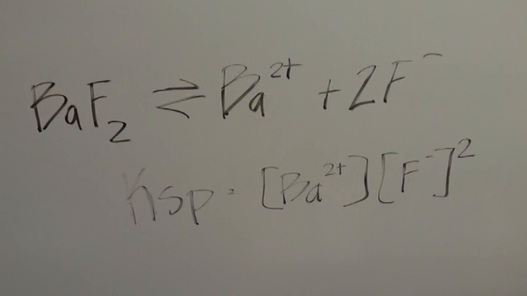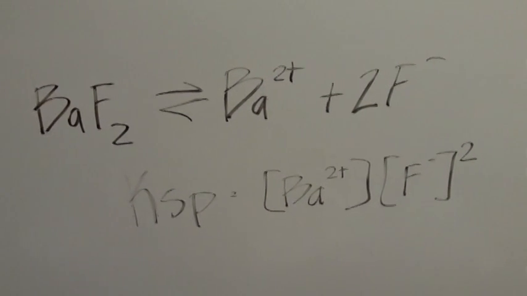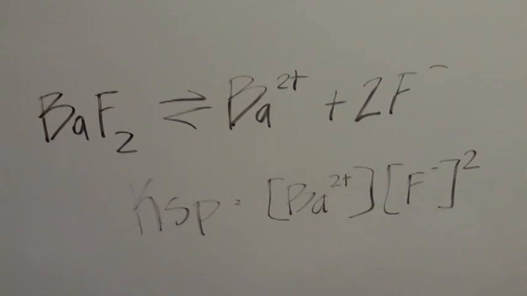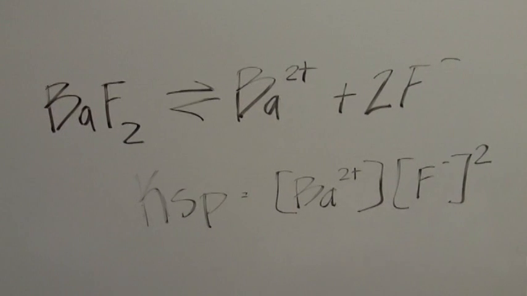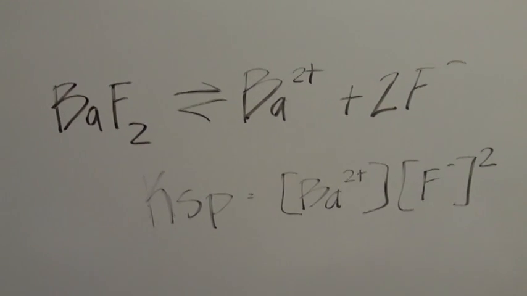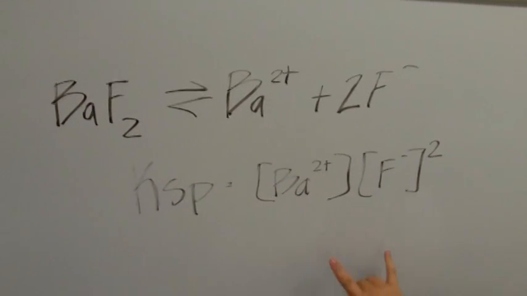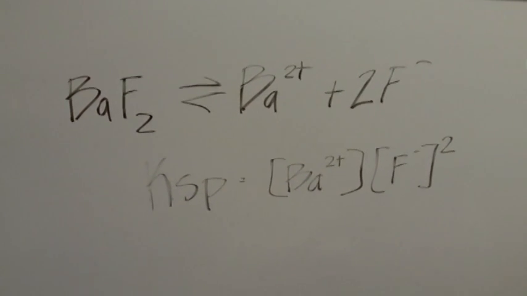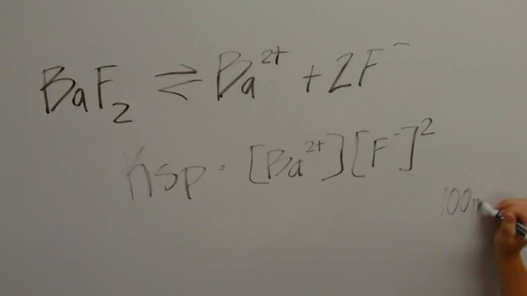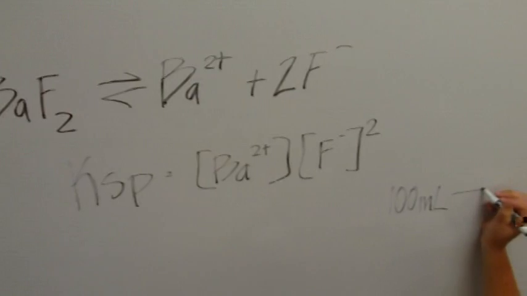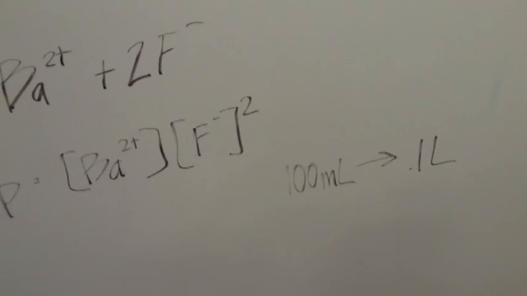So what we want to do is they told us that they recovered 0.132 grams of BaF2 from a 100 milliliter solution. So we're going to use that information to calculate these 2 concentrations. We'll start off straightforward, 100 milliliters, doing dimensional analysis. That's equivalent to 0.1 liters.